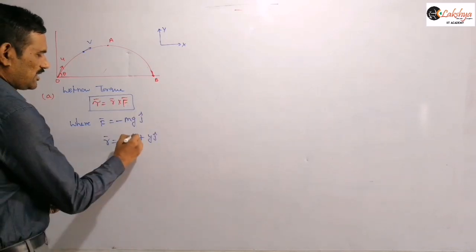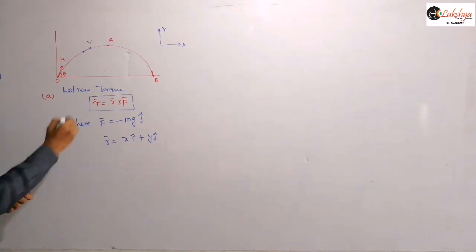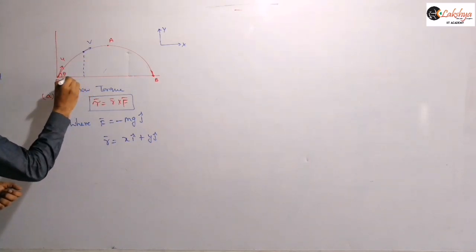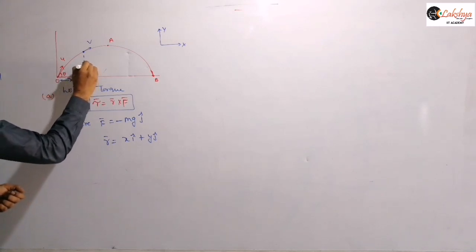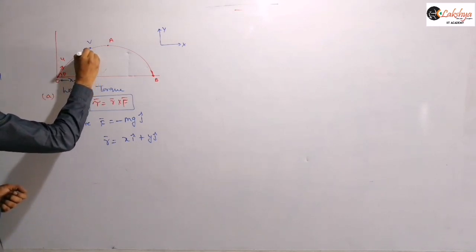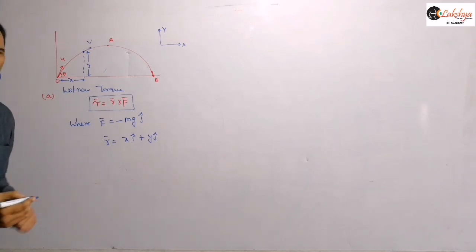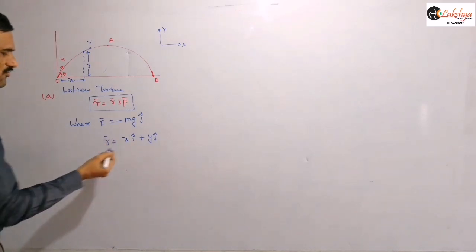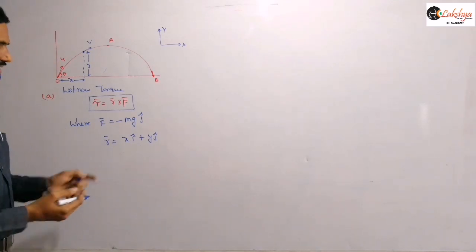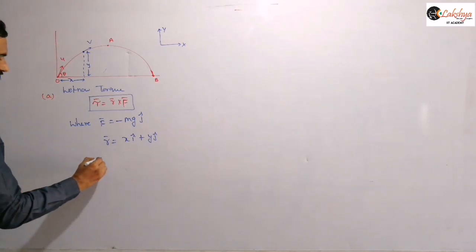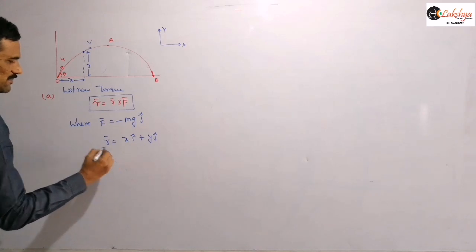This is the way of writing the position vector at any instant, where x is the horizontal displacement of this projectile and y is the vertical displacement. That is the meaning of x and y. And now you know how to write these x and y values, right?